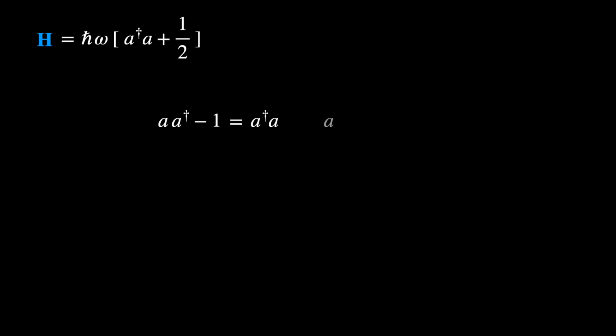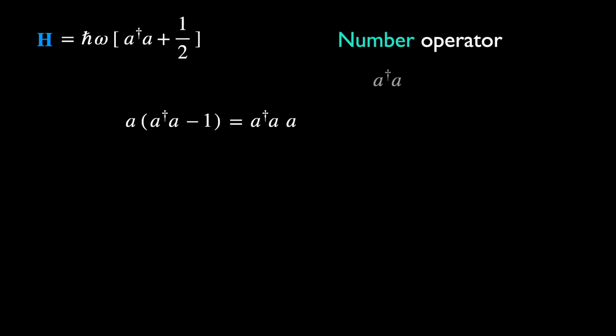Multiply by A from the left on both sides of this equation. Now apply the operators on both sides of this equation on the eigenvectors of the number operator. At this point, n is not assumed to be a positive integer.